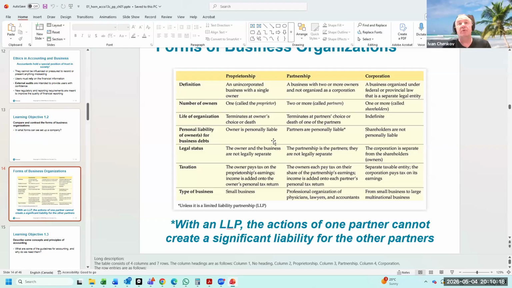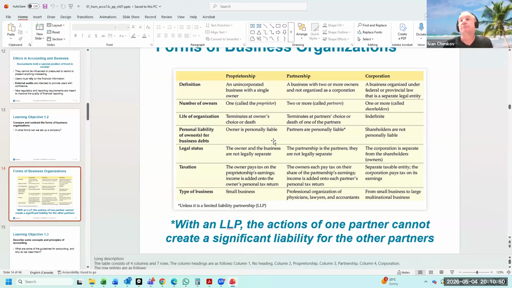If you only want to open a business without incorporating it, the only option you have is the sole proprietorship. If there are two of you, then you can do a partnership. The oldest partnership in the history of humanity, as you probably already know, is a marriage. It's a partnership. And later on in 1210, if you catch me, I'm going to explain exactly why that is.